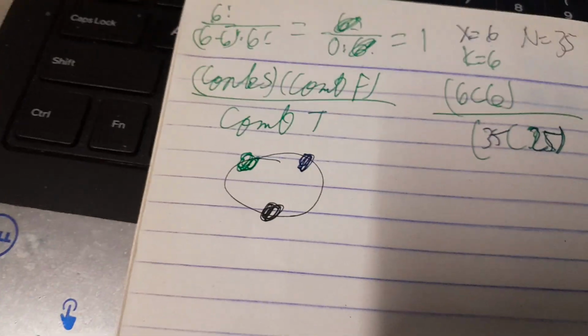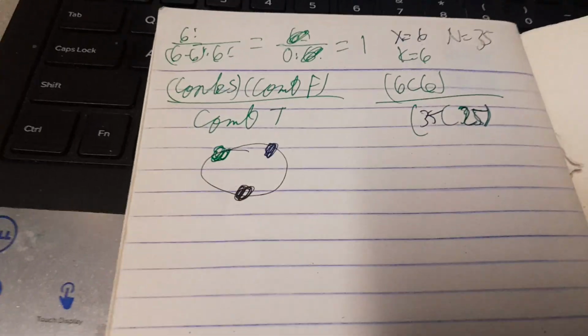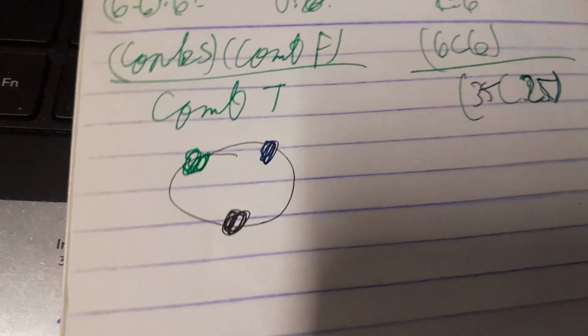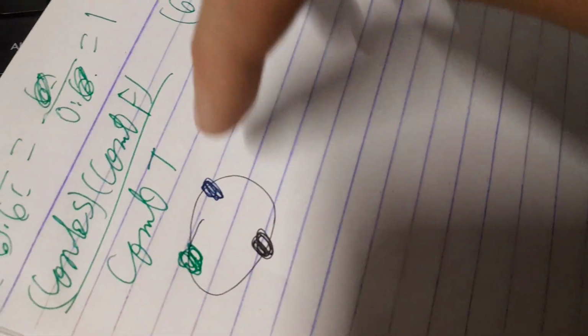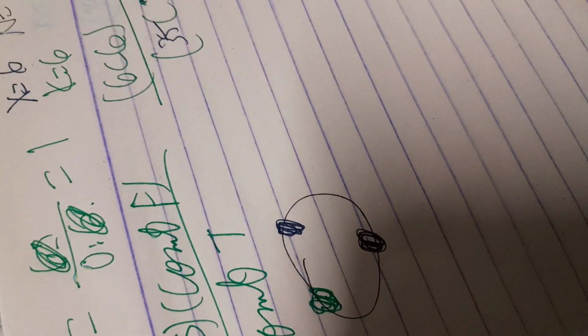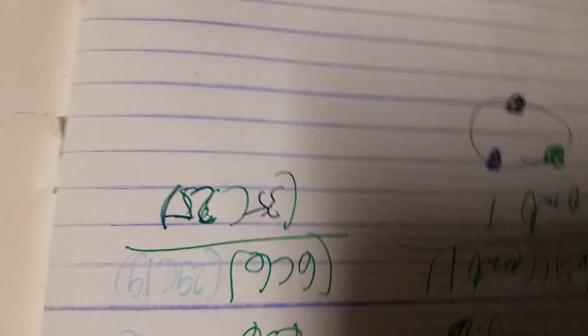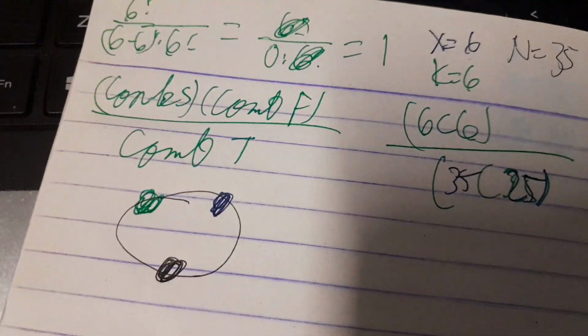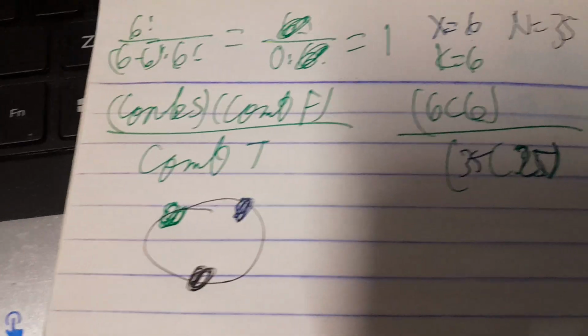Of course, if you were to rotate this around, for example to here, it's still the same way. Or if it's here, it's still the same way too. So that's one way. That's n-1 factorial, which is normally the case for circular permutation.